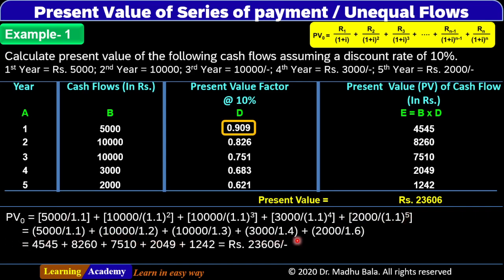So after calculation, the present value we will get is rupees 23,606. So with the help of this formula, direct formula approach से भी हम यहाँ पर present value compute कर सकते हैं unequal cash flows की.